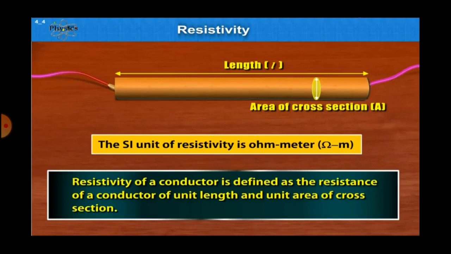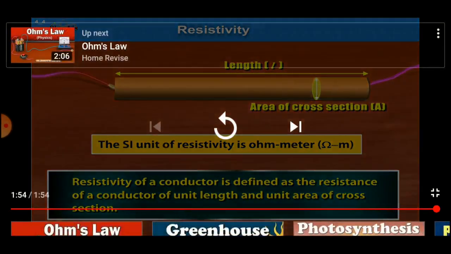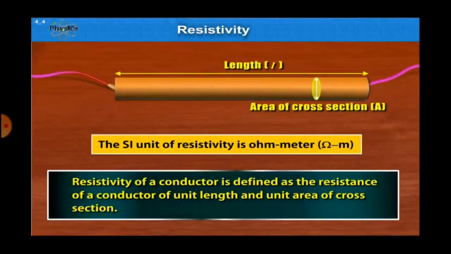So the resistivity for a given material is constant. For example, consider copper. Whatever changes are made in the copper, you can increase or decrease the length, and you can increase or decrease the area of cross section. The resistance will change, but the resistivity will not change. So the resistivity will change only with respect to the material and the temperature. If you increase the temperature, the resistivity will change.